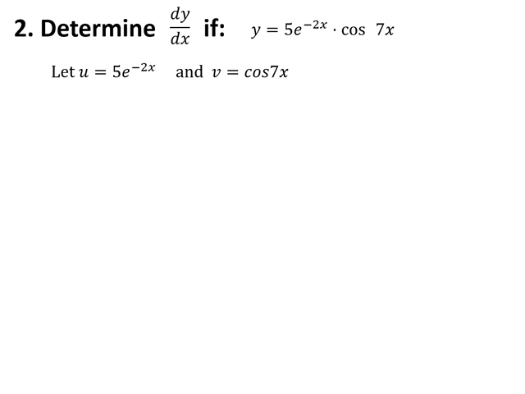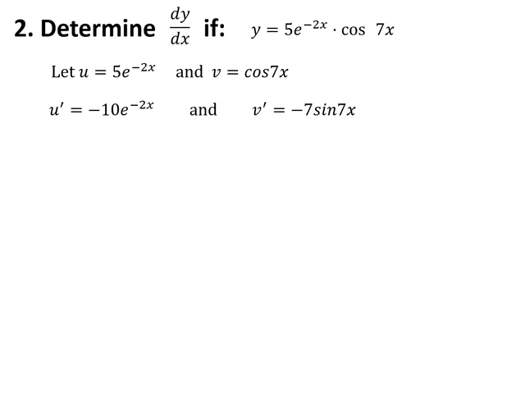Then we need to find the derivative of u and v. We can also use this notation where we use u prime to represent the derivative of u with respect to x. Again, this is actually applying the chain rule. The derivative of e to the power minus 2x is e to the power minus 2x, but you multiply that by the derivative of negative 2x, which is negative 2. So you multiply 5 by negative 2 to give you negative 10 for this part.